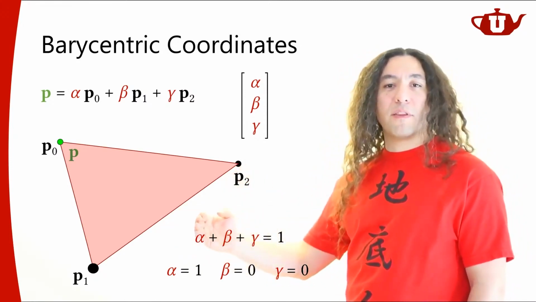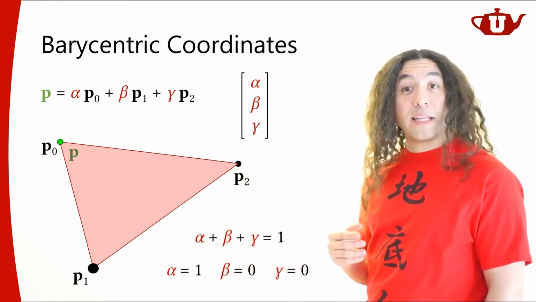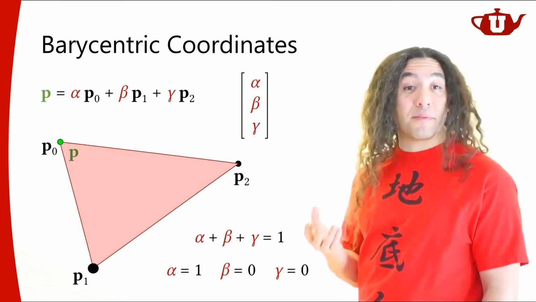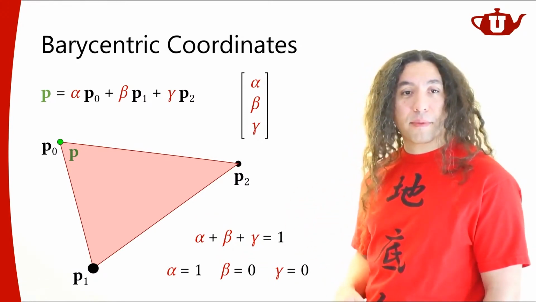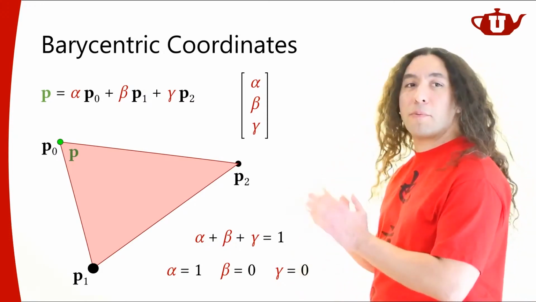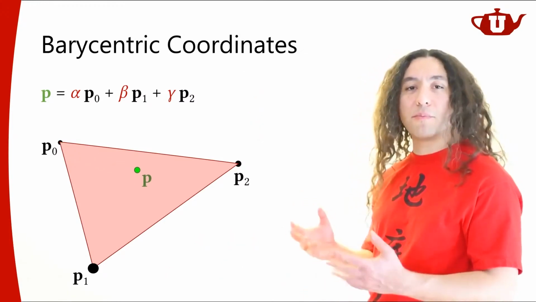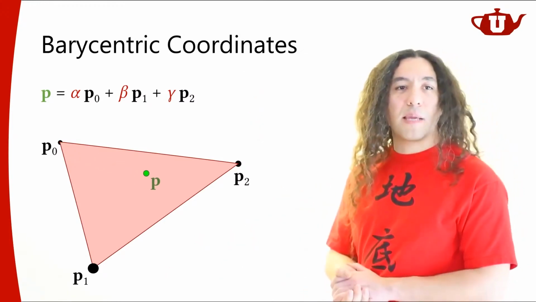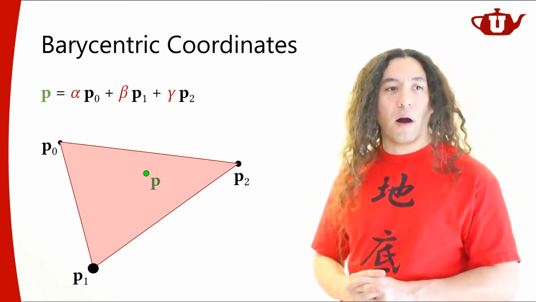And if you move it even further out of the triangle, its weight is going to start becoming negative. It's not going to be between 0 and 1 anymore. So that's the property of our barycentric coordinates, and we can compute this for any point on this triangle, also anywhere on this plane.